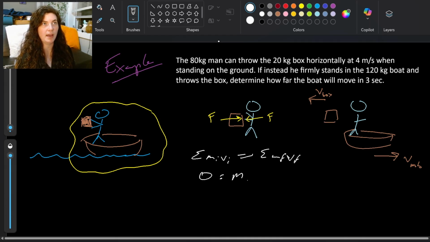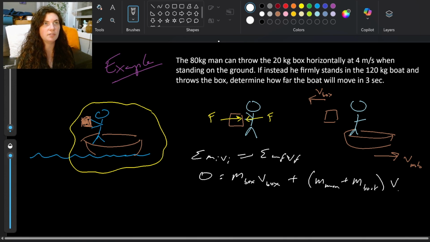So we're going to have the mass of the box times the velocity of the box plus our man and our boat who are moving. Our man and our boat are one unit still. So mass of man plus the mass of the boat times the velocity of the man-boat combo as they float away in the opposite direction.